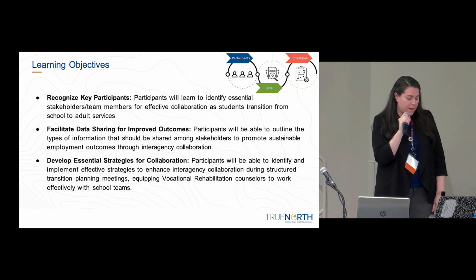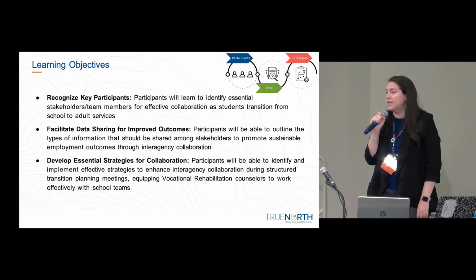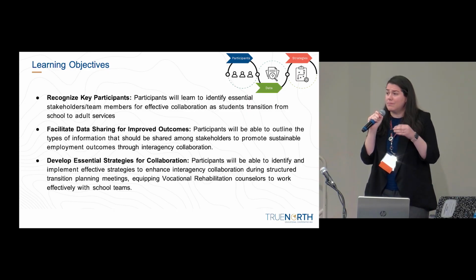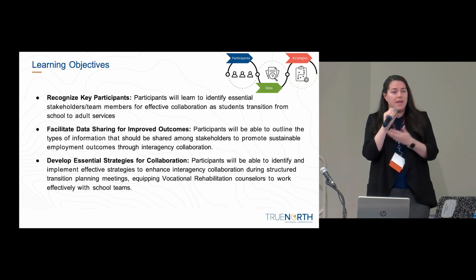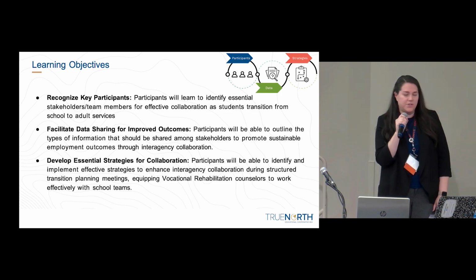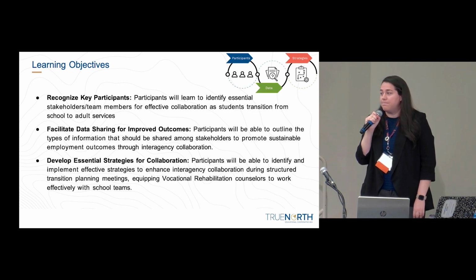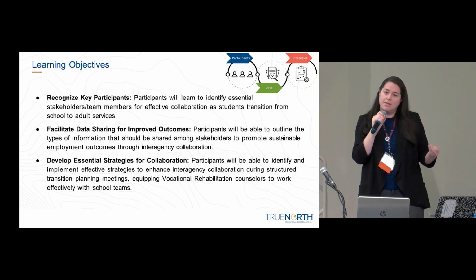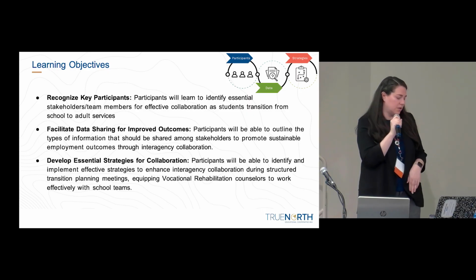She'll also talk about facilitating data sharing between agencies that really improves those outcomes, and where the data comes from, both school teams and agencies. And then Erica's gonna bring it home with talking about those essential strategies for collaboration that really equip both school teams and our vocational rehabilitation agencies for successful collaboration.